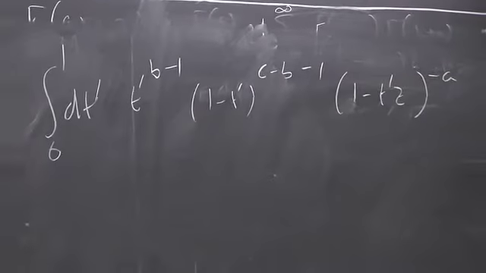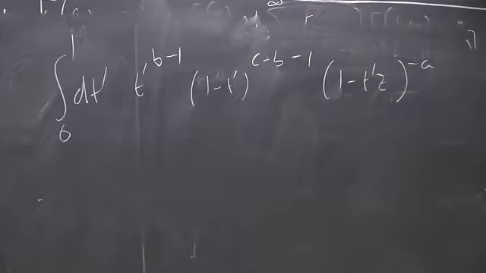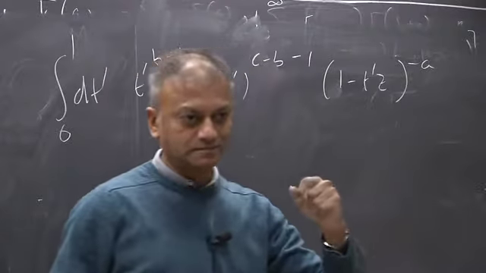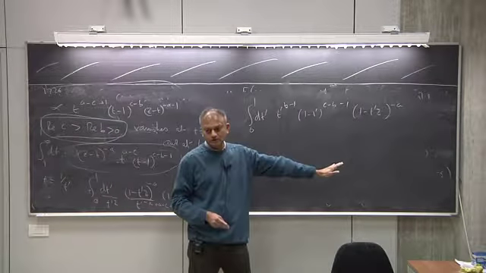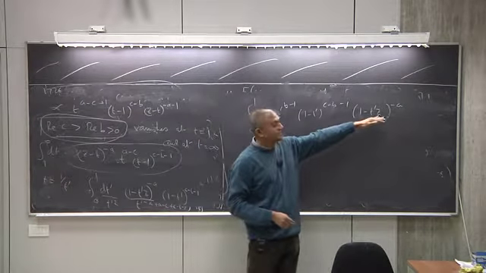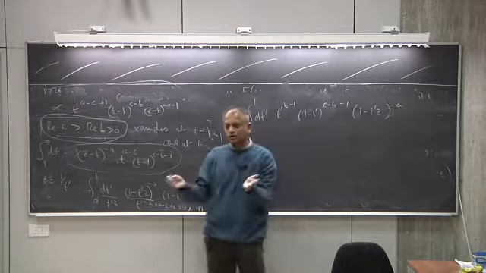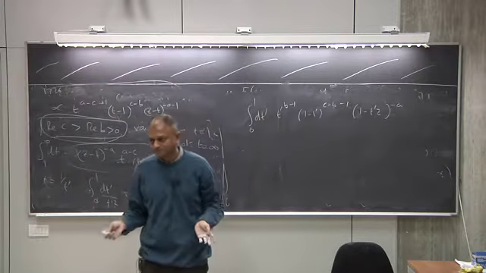So let's try to see what happens. Suppose I'm looking at z near 0. This is a solution of the hypergeometric equation, but we want to study the behavior near the various singular points. So let's say z equal to 0.